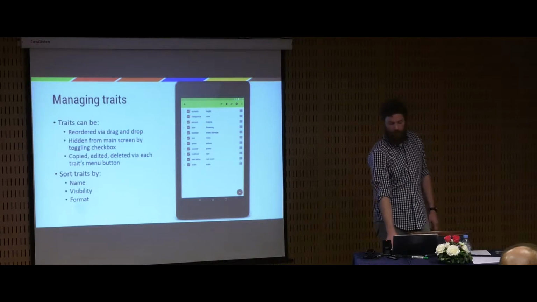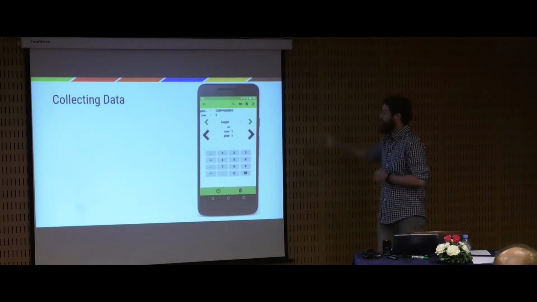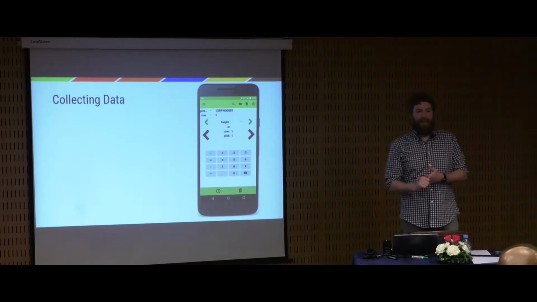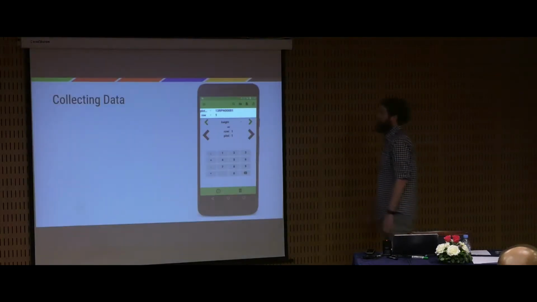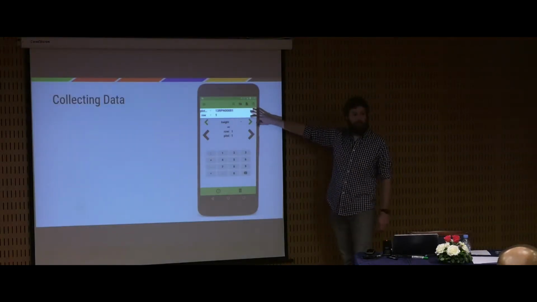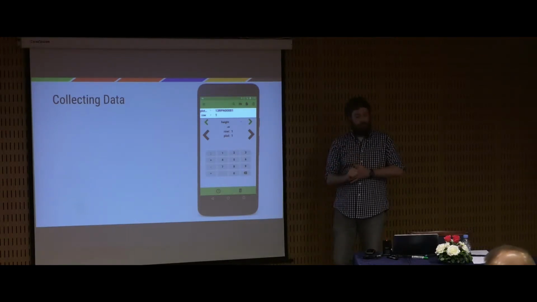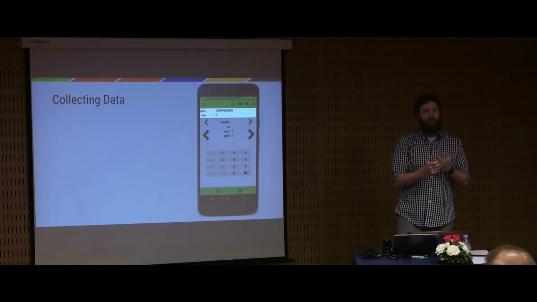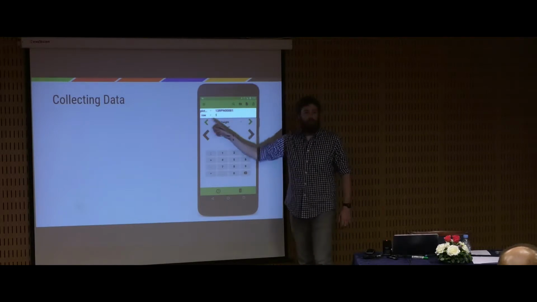Okay. So once we have our fields and our traits, we can start collecting data. This is the main screen of Fieldbook, and it can be broken down into 4 different parts. Up at the top, I call these info bars. Great name. It's because they are bars that show information. So all of those extra columns that we brought in, our pedigree, our seed ID, our plant name, we can change to any of those up here.